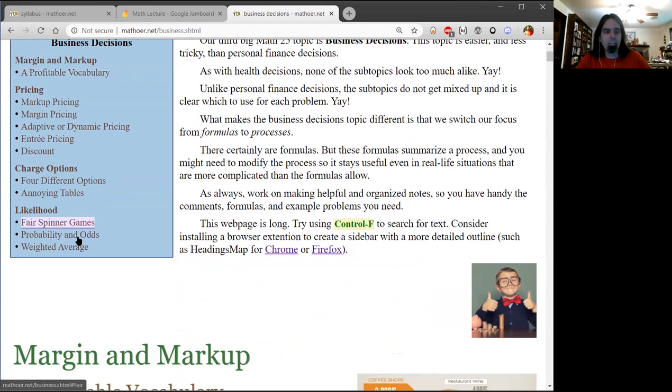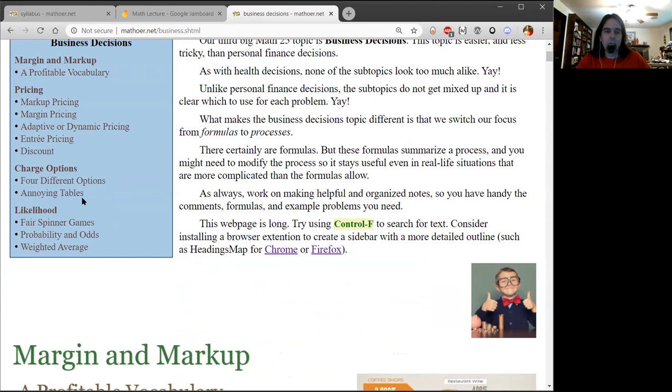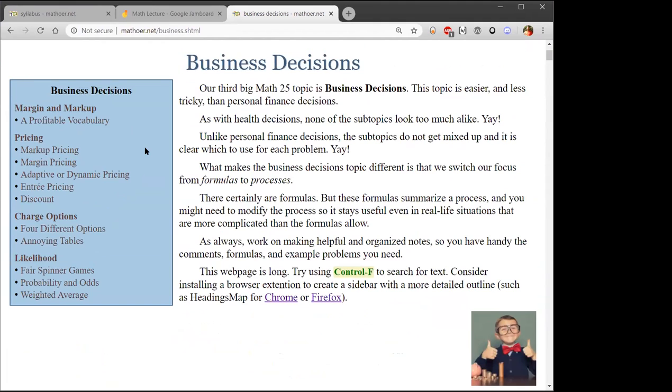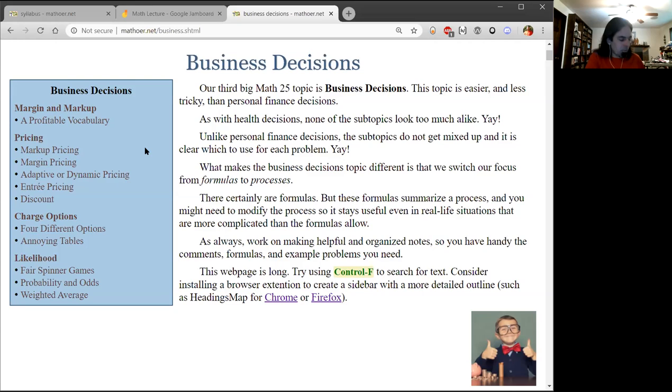Charge options and likelihood will never have a due date. You should turn them in, but they can't be late. Okay, I'll get those done. I thought I did some of them, but maybe I got them wrong. I'll have to probably go back and look at it. And markup margin pricing is just one thing. Remember, they're combined together.